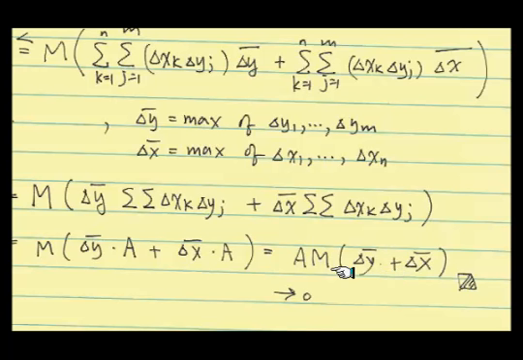A is the area, M is the maximum value of the function over the entire region. So the only thing that is changing is the maximum length of the interval, because we keep chopping it down to smaller intervals. The maximum length of the interval is also approaching 0. So by the squeeze theorem, whatever was in between must approach 0 as well.